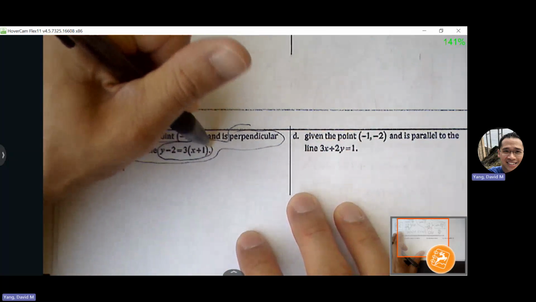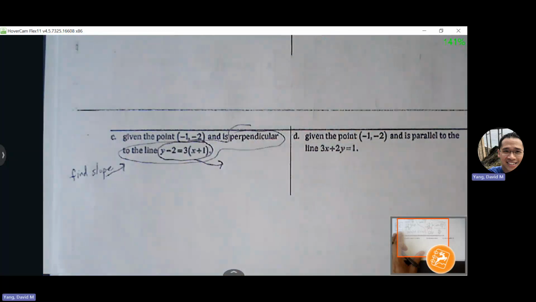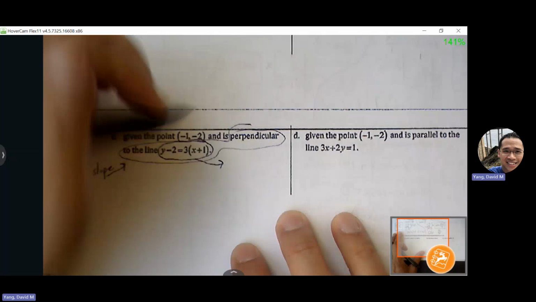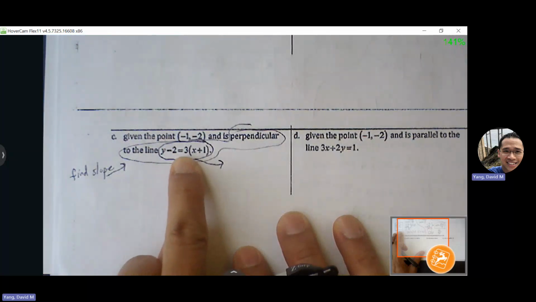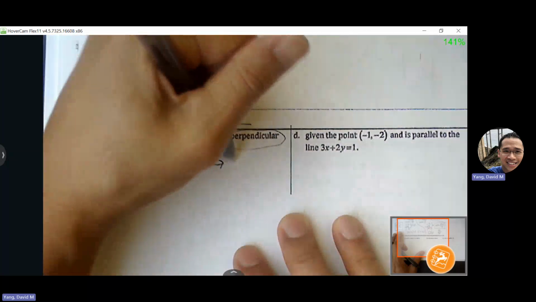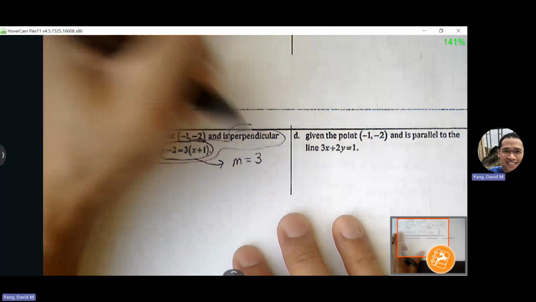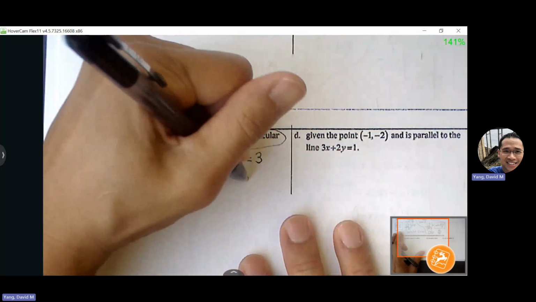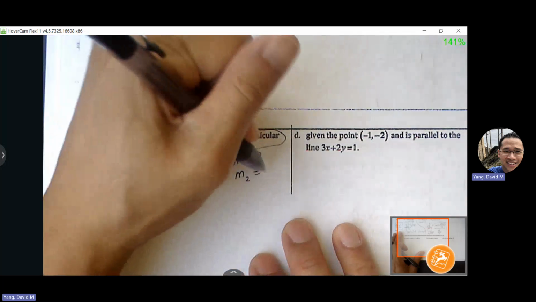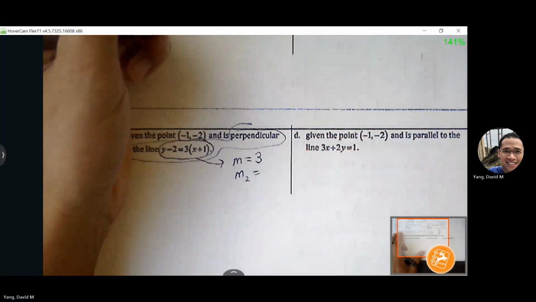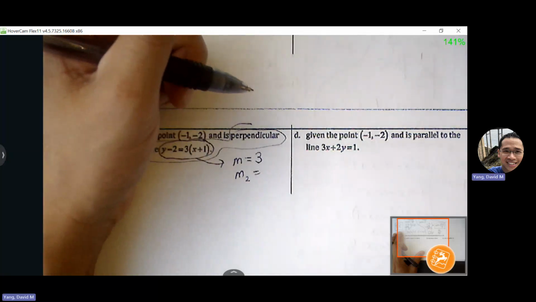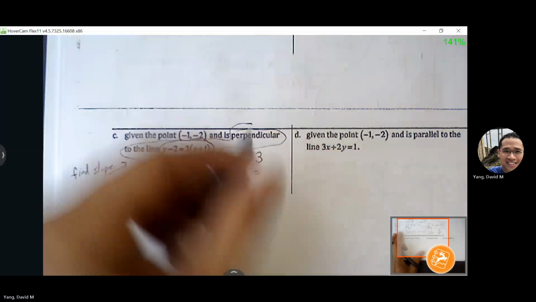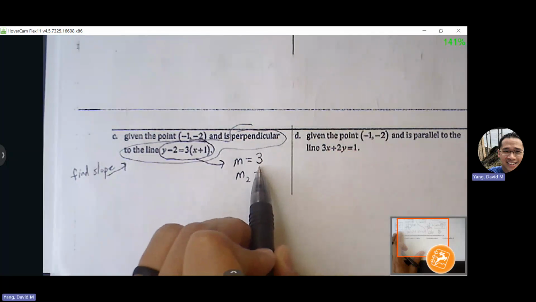Okay, so let's look at this here. What is the slope of this line? y minus 2 equals 3 times x plus 1. 3, yeah, slope is 3, right? This is basically in point slope form. The slope is the number in front of the x. So that's the slope of this line, but the slope that we want is a slope that is what to this? Perpendicular. So what is the slope that's perpendicular to 3? Yeah, so it's the opposite reciprocal. We have to flip the number and we got to change the sign.